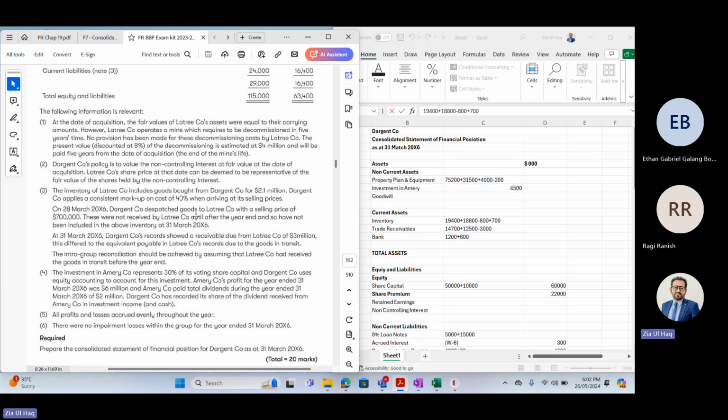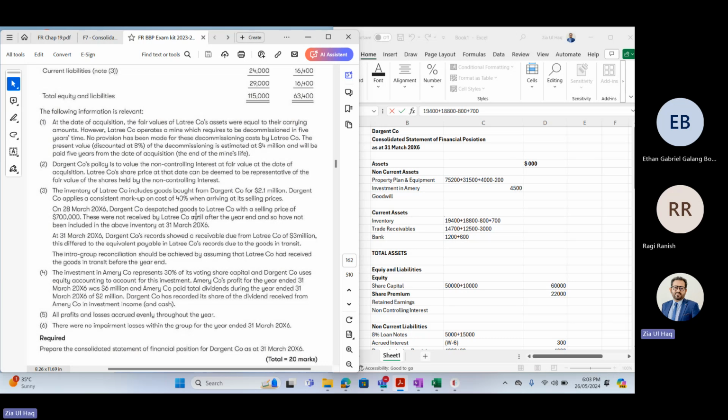Amway company's profit for the year ended 31st March 2026 was 6 million, and Amway company paid a total dividend during the year ended 31st March 2026 of 2 million. How much remains? 4 million profit.